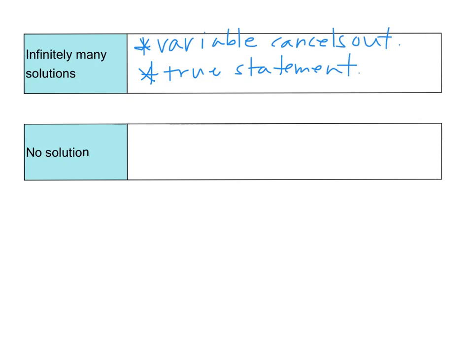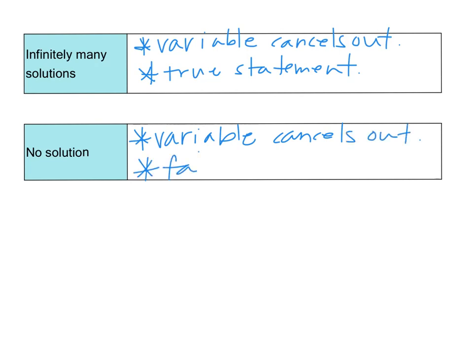The opposite of that, if the variable cancels out, but now your inequality is a false statement. So if the inequality is true, you say infinitely many solutions, no matter what value you pick for x, it would work. However, if the inequality is a false statement, then there's no solution.